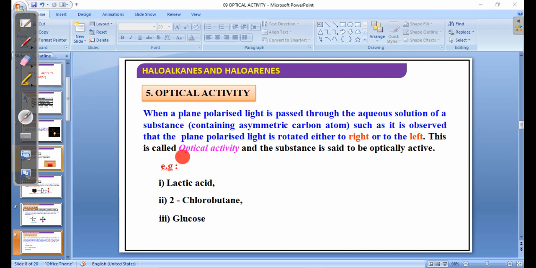This is called optical activity, and the substance is said to be optically active. Understood? No? Once again you read it and I will show you the figure, then only you can understand clearly.